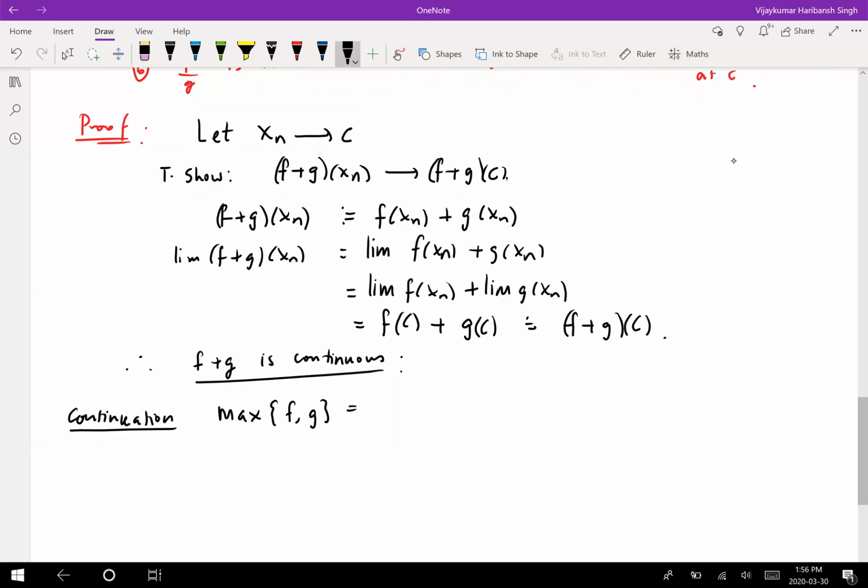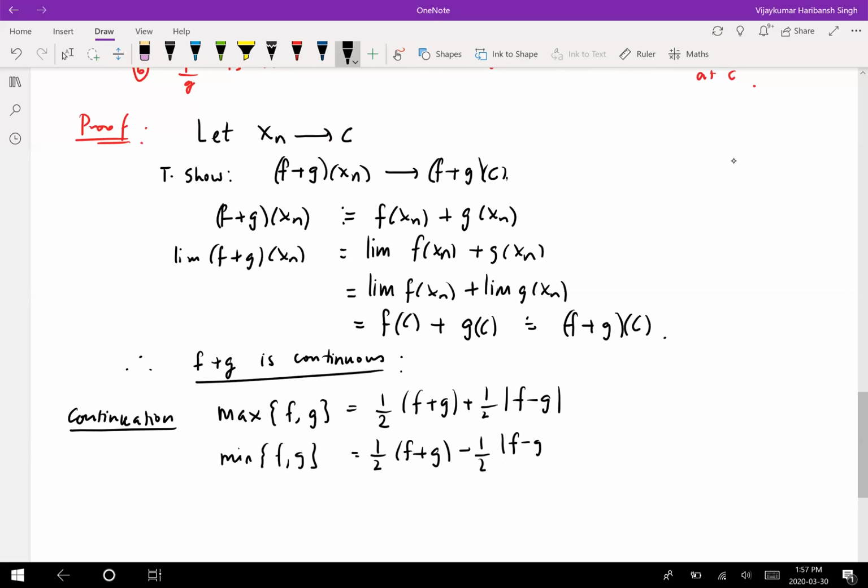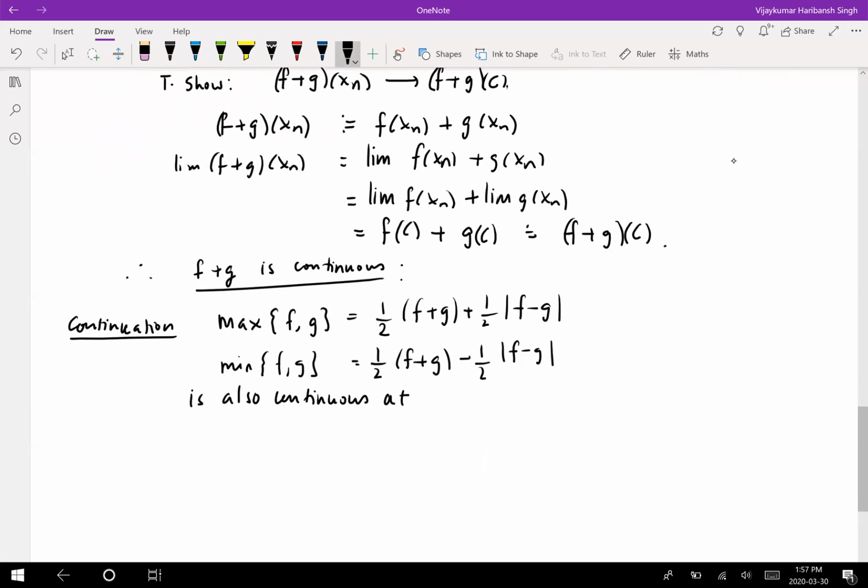Max of f comma g is actually half f plus g plus half absolute value of f minus g, and min of f comma g is half f plus g minus half absolute value of f minus g, is also continuous at C. Okay.